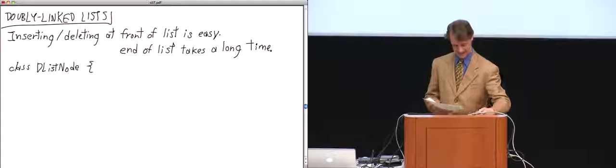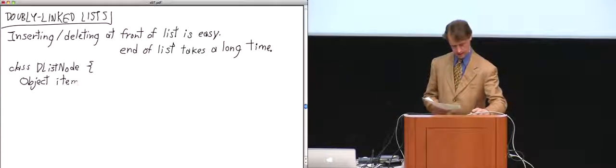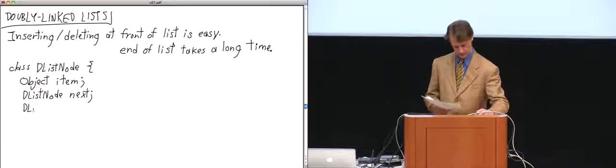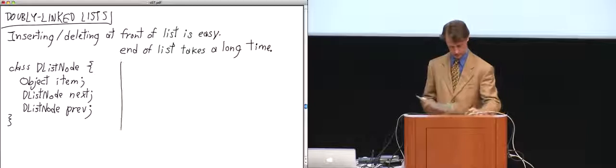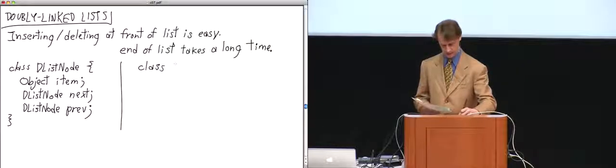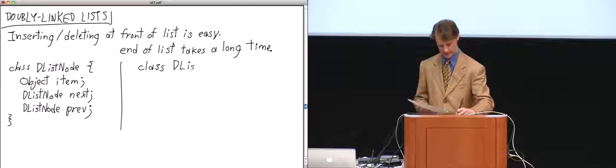So I'm going to call this class DListNode for doubly linked list. And just like singly linked lists, it'll store an item and have a next field. And now I'm adding a previous field as well. And for the same reason I wanted to have an SList class, I want to have a DList class too. And this will store the head.